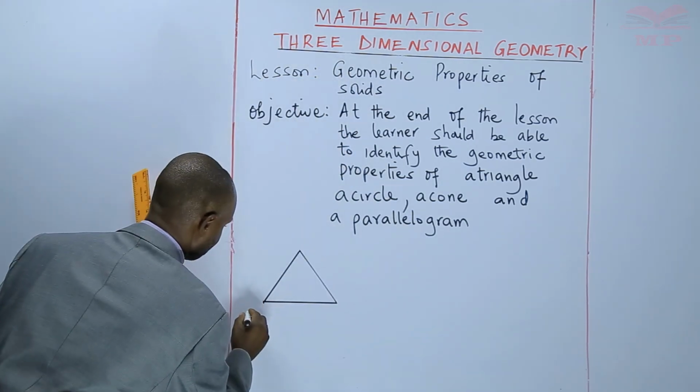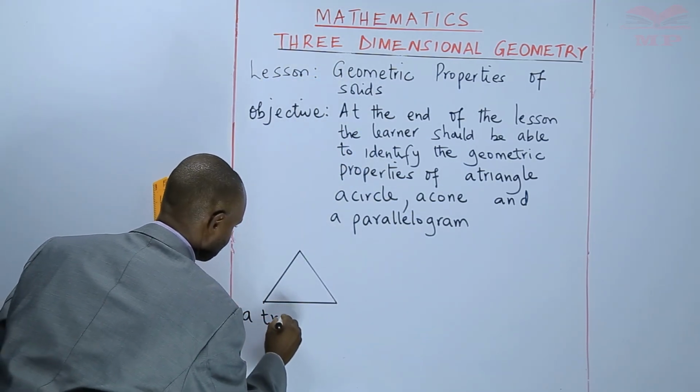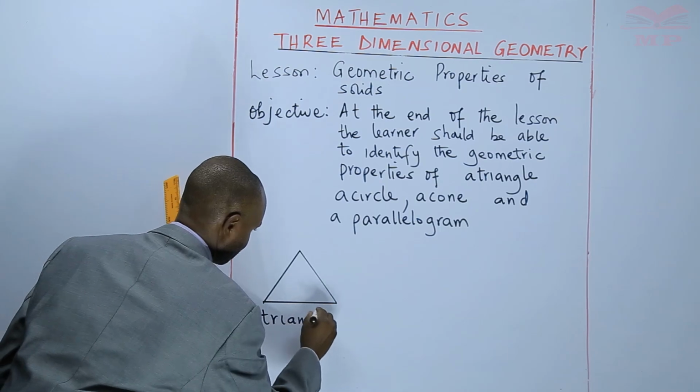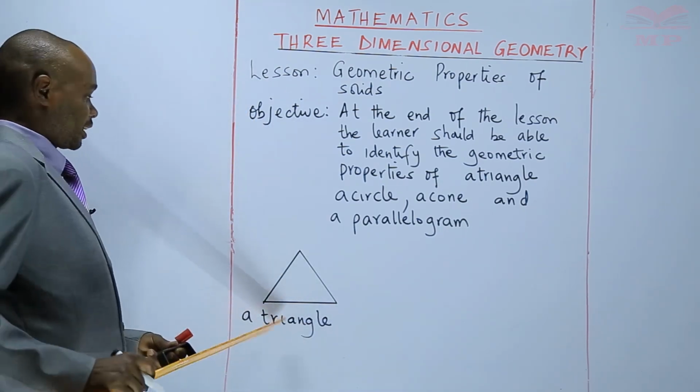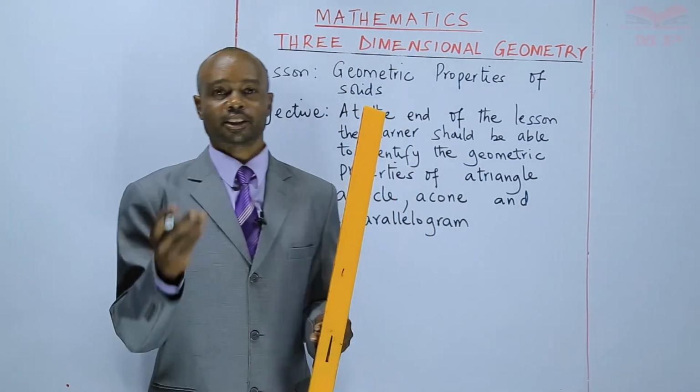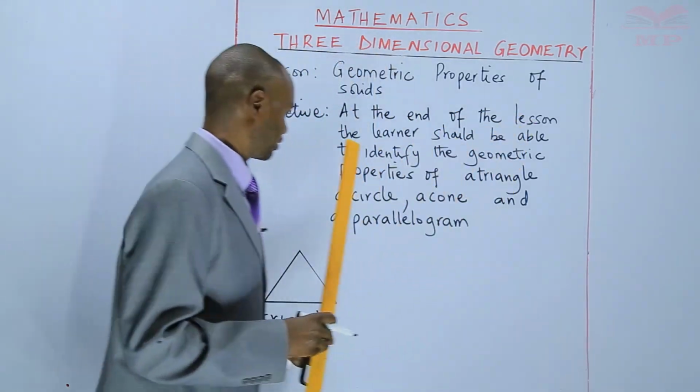A triangle. The word tri coming from three, it means three, triangle, triangles.